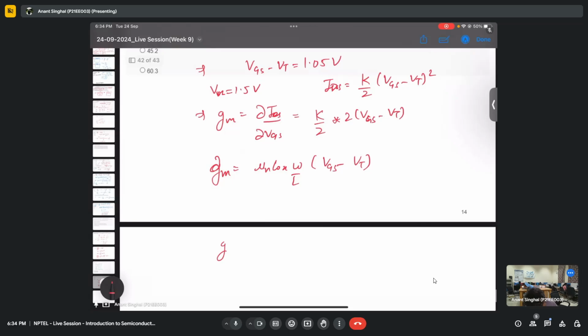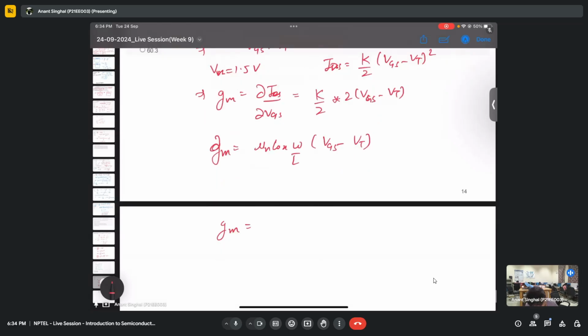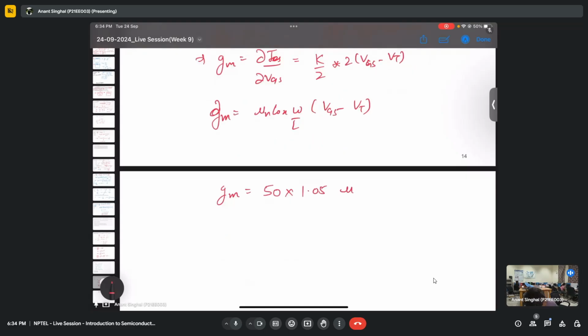Please let me know if there is any doubt. So if not, this 50 micro, and the current needs to be calculated in micro, so I'm not writing micro. So it is 50 into 1.05 microamp per volt.